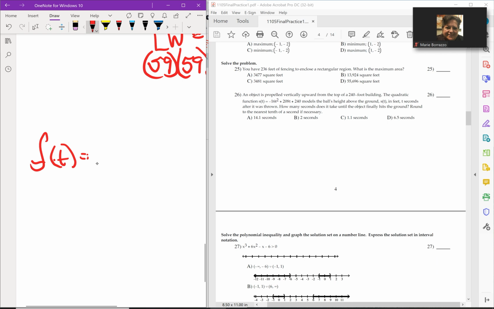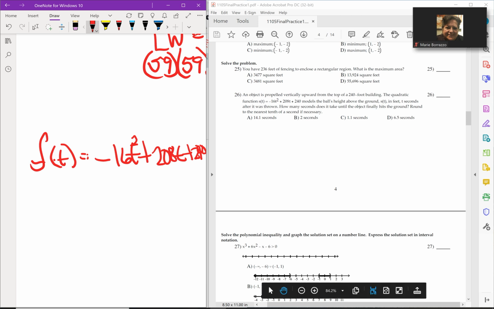F of t is equal to negative 16t squared plus 208t plus the 240. And they're telling you that the building is at the very crest at 240 as well. All right, so let me go ahead and set this up for you.